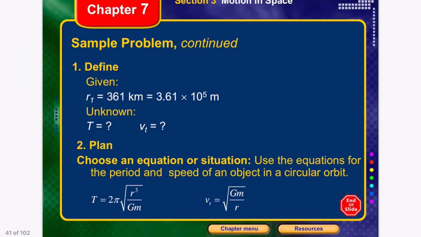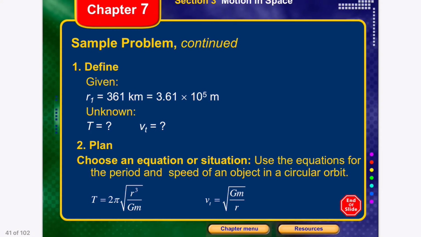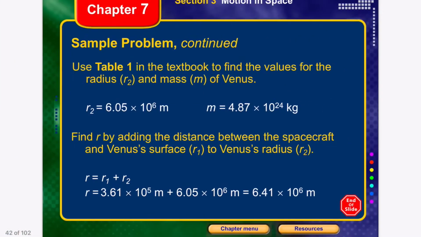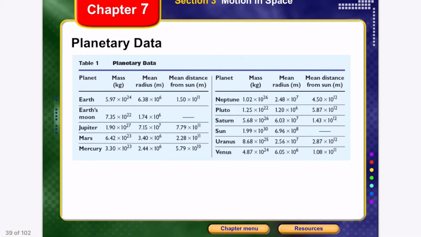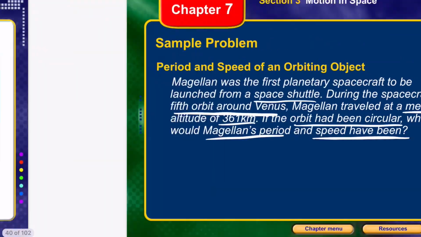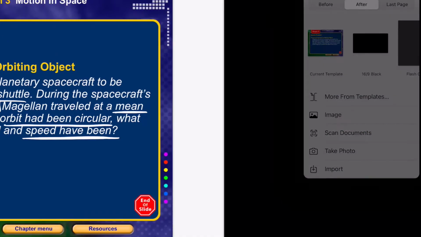So first things first, let's take into consideration the data that they have given. The first thing they have given is r. We have to calculate the time period and the tangential velocity. The actual object that it's circling is Venus. So let's take in the data first. The r is 361 kilometers, which can be written as 3.61 times 10 to the power of 5 meters.